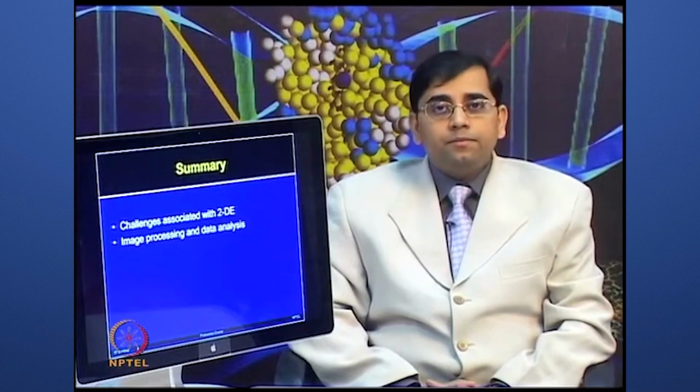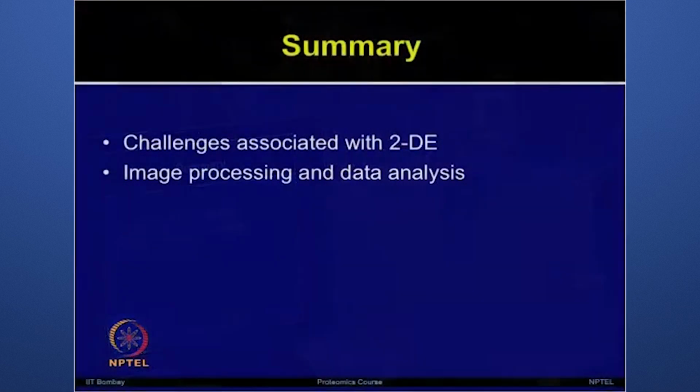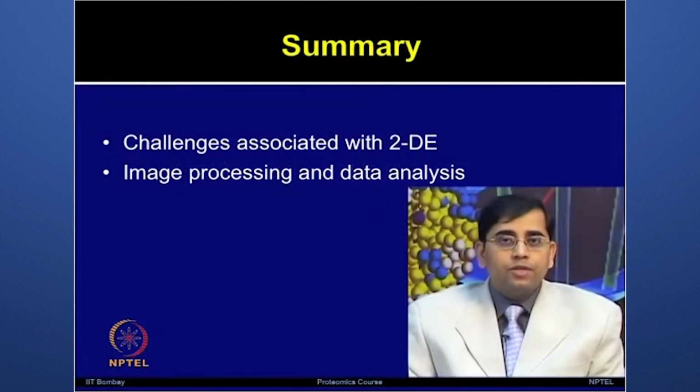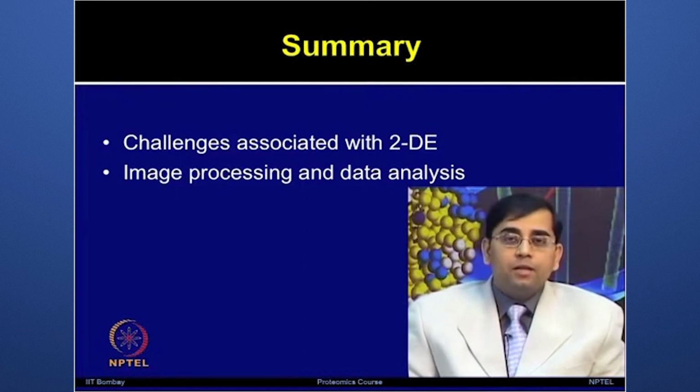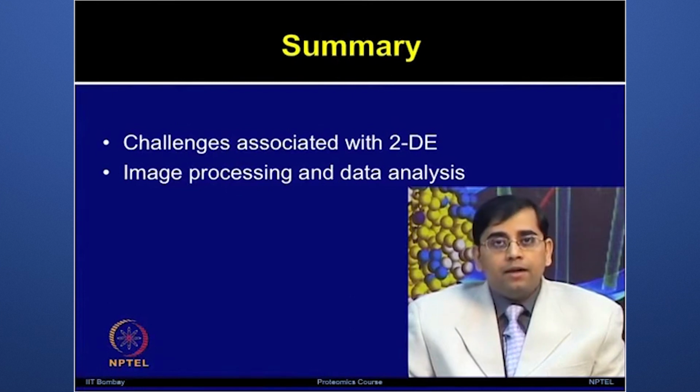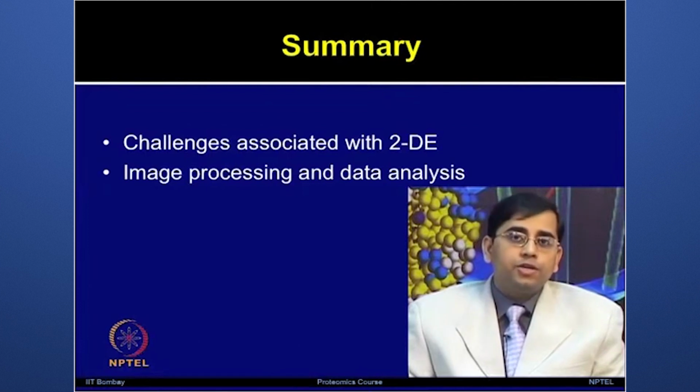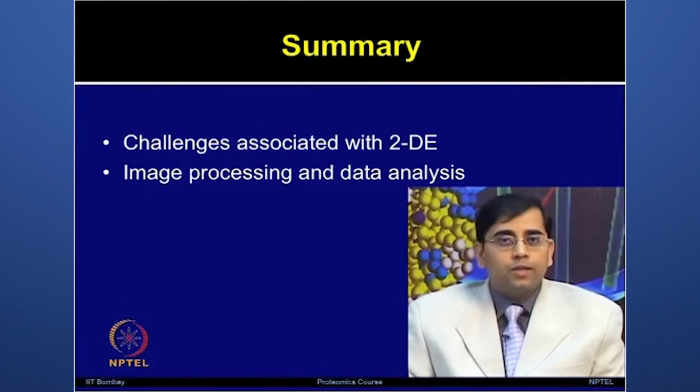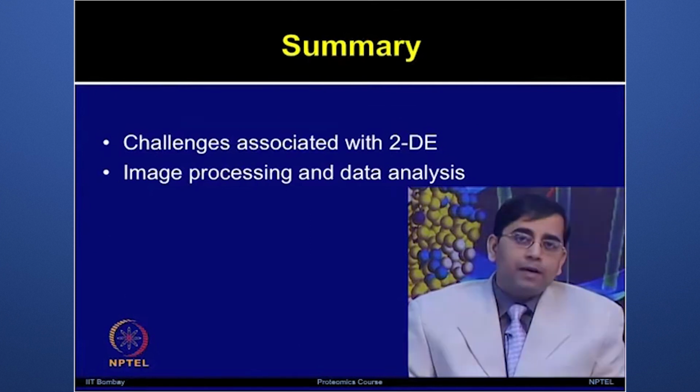So in today's lecture, in summary, we discussed the challenges of image processing associated with two-dimensional electrophoresis, how one can process the images very efficiently, and how one can analyze these images stepwise by using various types of software. Most of the software work with a similar principle, and to give you a feel for the data analysis, we showed you a software demonstration during the discussion with Dr. Srinivas from GE Healthcare, on image processing by using Image Platinum IMP7.